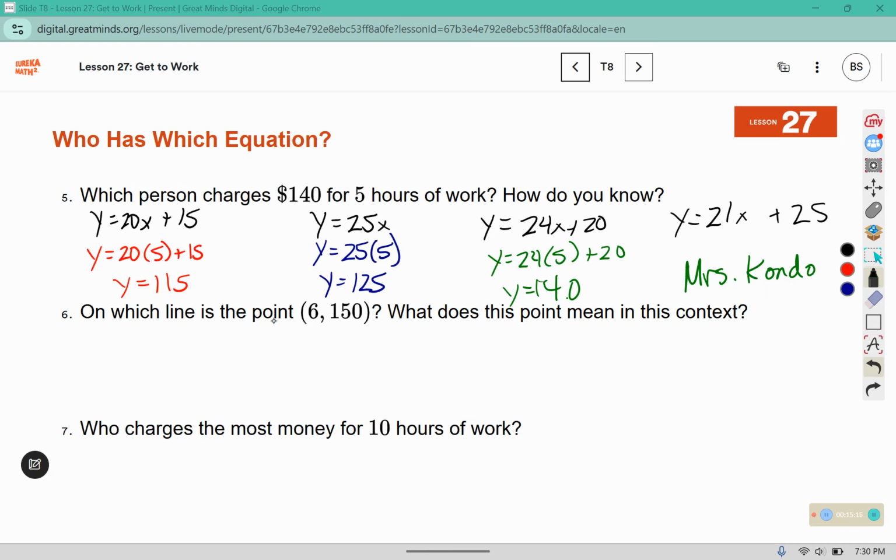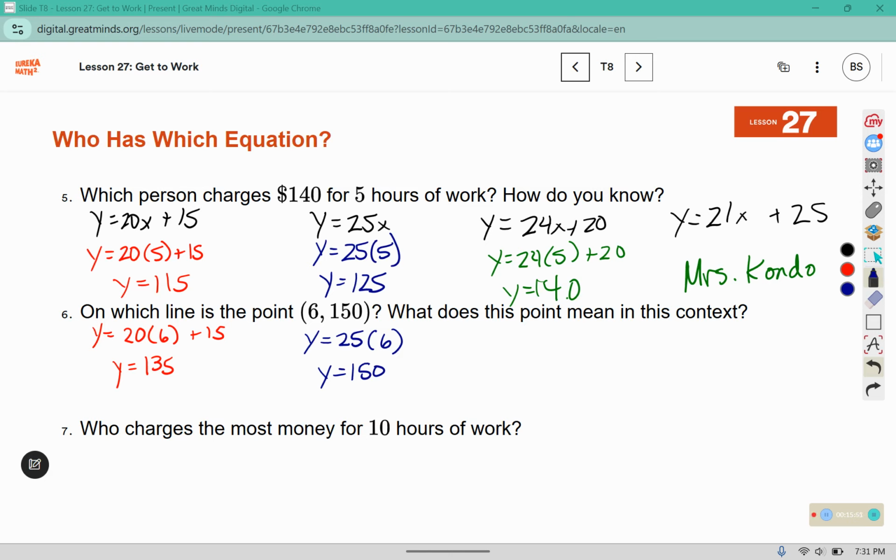Then it says on which line is the point 6, 150, and what does the point represent in the context? So if we replaced those with 6 instead of 5, let's see, we would have 20 times 6 is 120, plus 15 is 135. 25 times 6 is 150.